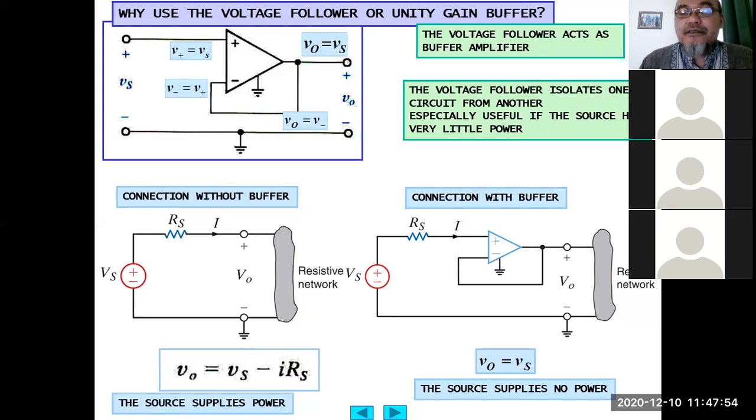This is useful if the source has very little power and you don't want any power to be drawn from the source. Well, in reality, of course, there is some, because again the gain is not 1. It is 0.99 something, but close to 1. If you don't use any buffer at all, there will be much voltage drop due to this IRS.